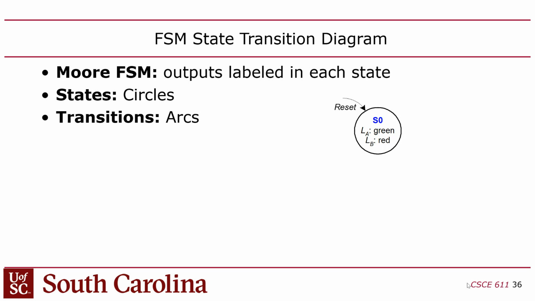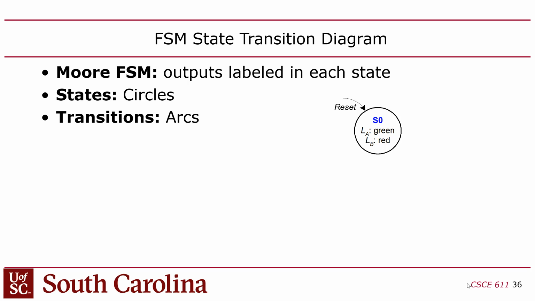Okay, and then, in a Moore machine, I mentioned there's Mealy machines and Moore machines. In a Moore machine, you'll draw the state as a circle, and the outputs are inside that circle, because the idea here is that every state has a fixed output, right?